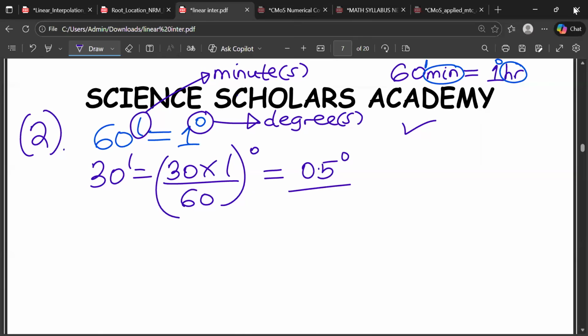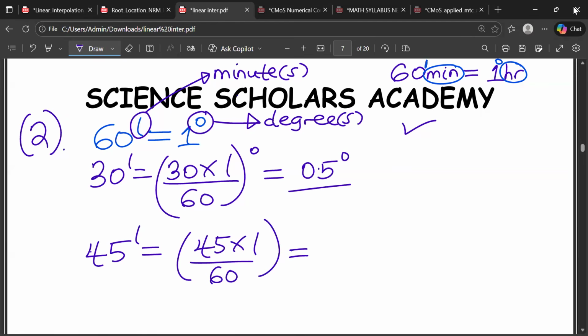When you have something like 45 minutes, that will be 45 times 1 over 60. And this will give us 3 over 4, which is 0.75 degrees.